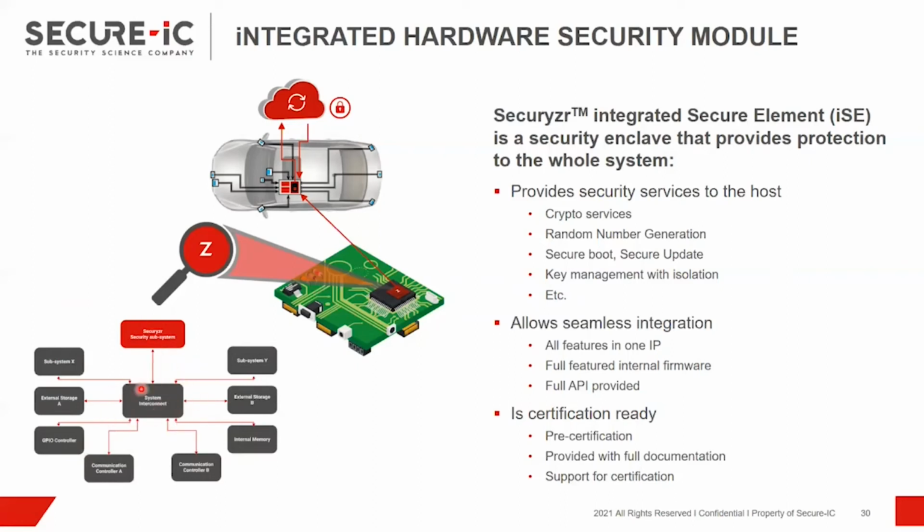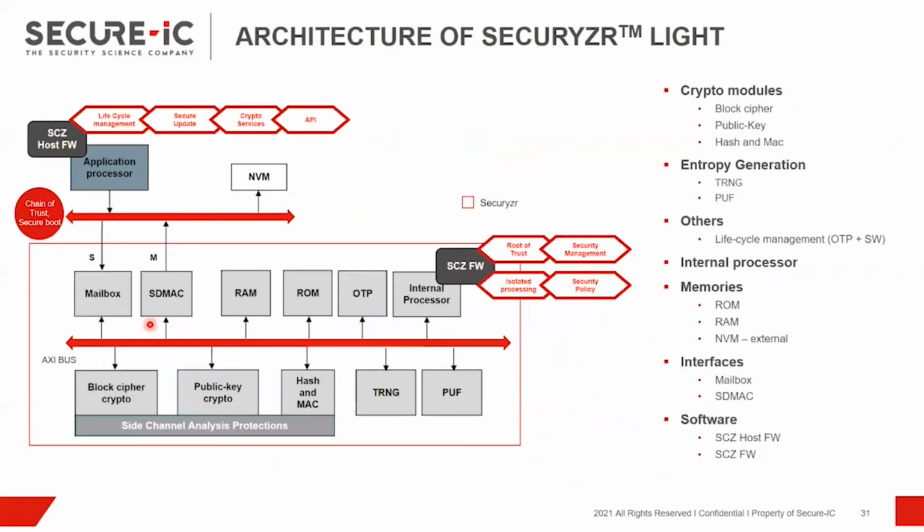So it means that, connected to your system interconnect, where you have the application processor, communication aspects, memory, you have a security subsystem, an integrated secure element. This one will be in charge to provide several services for your system. We have services relative to the secure boot and the firmware update. We have services relative to the lifecycle management, as we spoke about before.